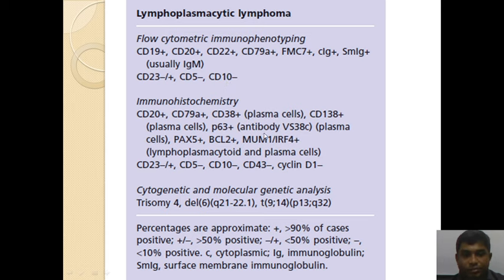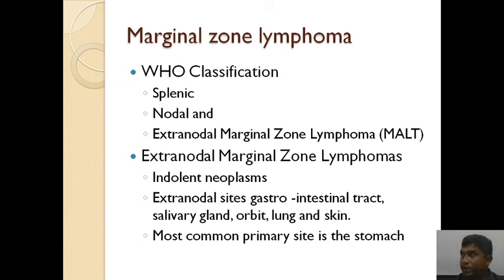Spleen and extranodal involvement are commoner than lymph nodal involvement. Extranodal marginal zone lymphomas are indolent neoplasms, and they occur at extranodal sites where there is chance for increased inflammation, like the gastrointestinal tract, salivary glands, lungs, etc.